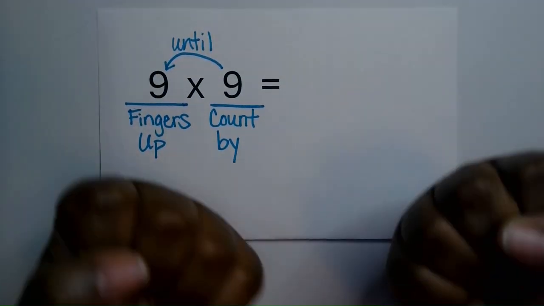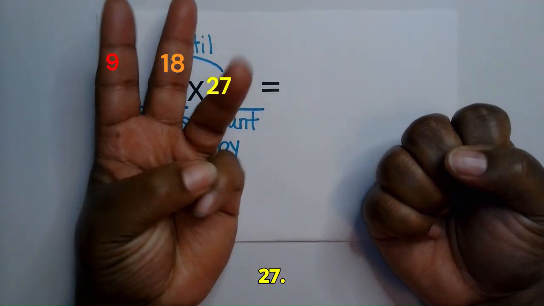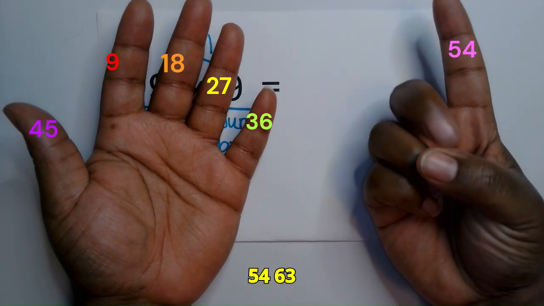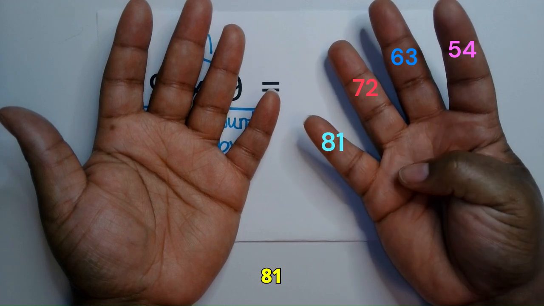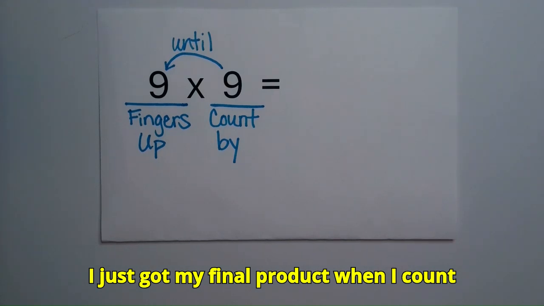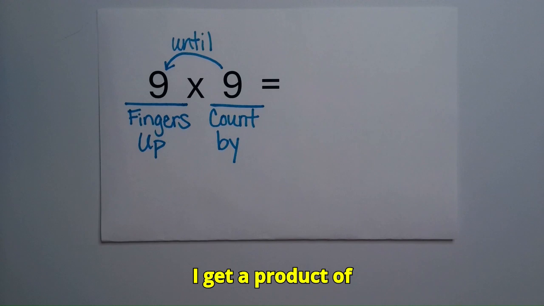Let's try it. 9, 18, 27, 36, 45, 54, 63, 72, 81. I just got my final product. When I count by nines until I have 9 fingers up, I get a product of 81.